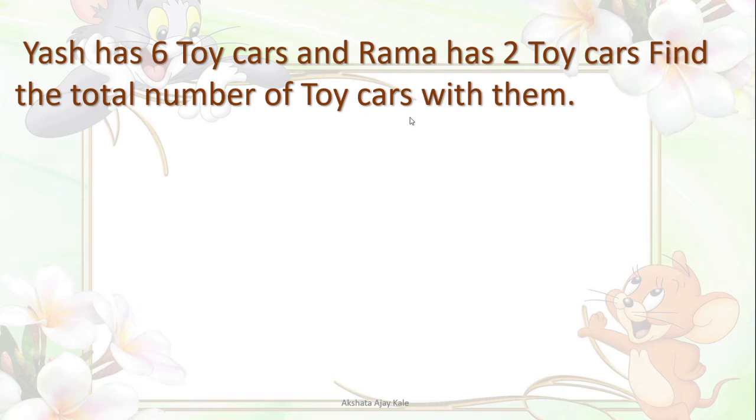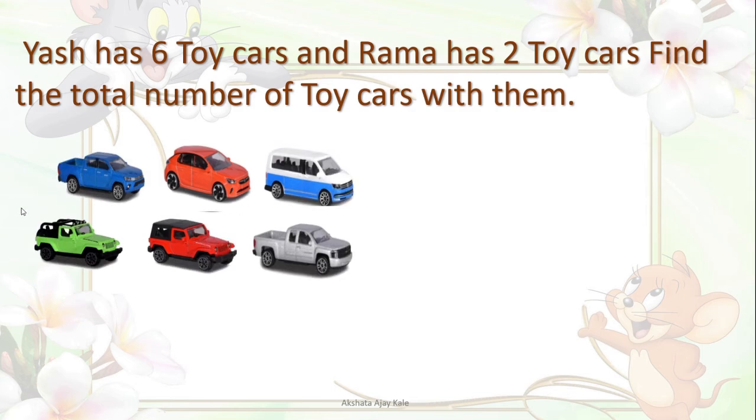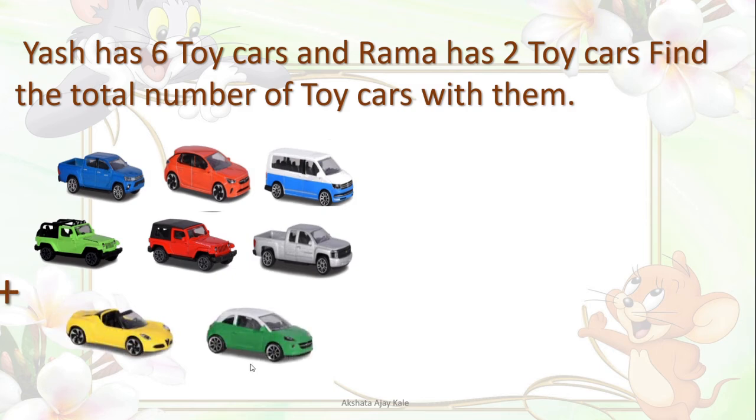Find the total number of toy cars with them. The sum is same. Yash has 6 toy cars, playing cars, and Rama has 2 toy cars. How much is the total of both? Okay, now here Yash has 6 toy cars plus Rama has 2 toy cars. What is the total? Yes, you know this.